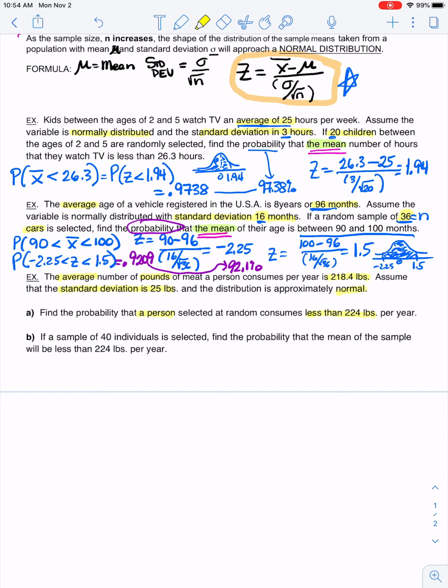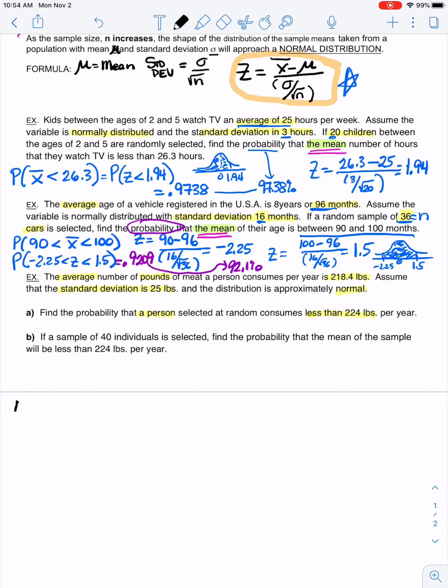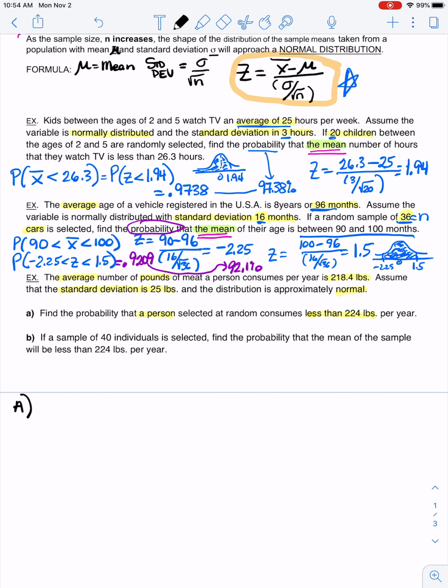So my question to you is, did it say anything at all about the mean doing anything? It did not. So we will just do our plain old z-score just like old times. We want to be less than 224, so the probability that x is less than 224.